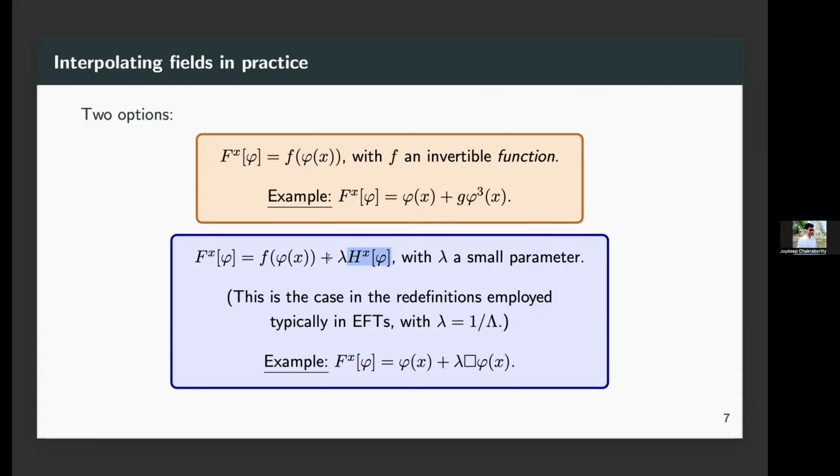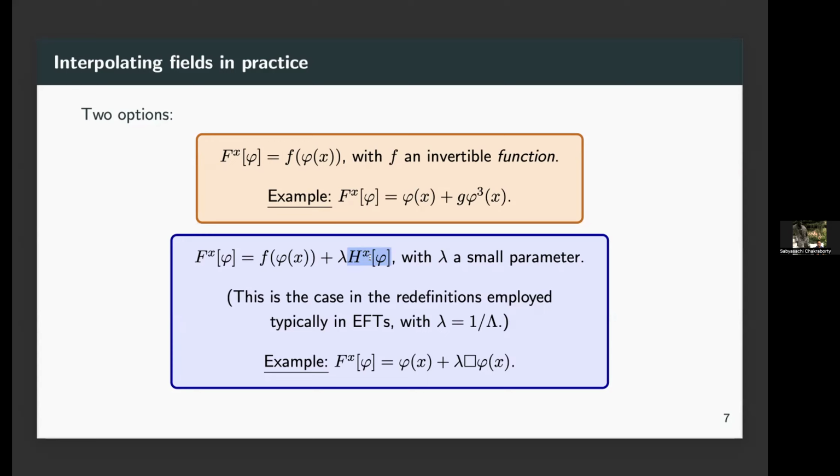So if you have 1 over lambda in front of the derivative terms, even if those are quadratic, you should treat them as an interaction. So you have Feynman diagrams with a trivial propagator for the ghosts, and then interactions in which you insert the d squared. And that's zero in dimensional regularization. Okay, we agree on the second one. Yes, I prefer the second one also. Okay, great. Thank you.